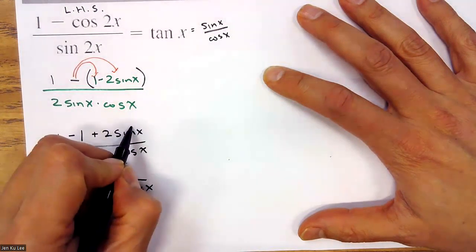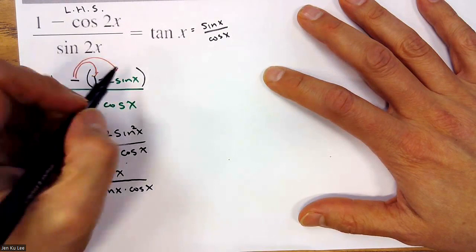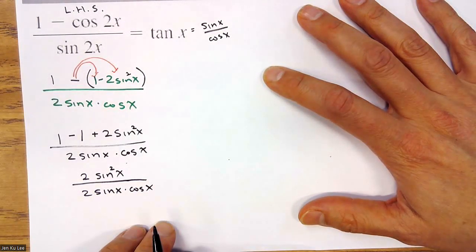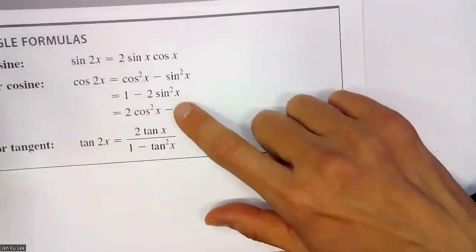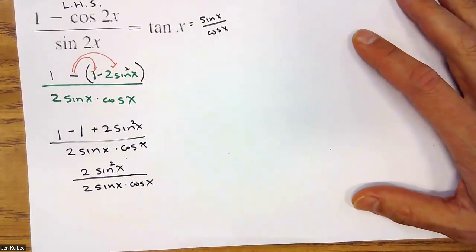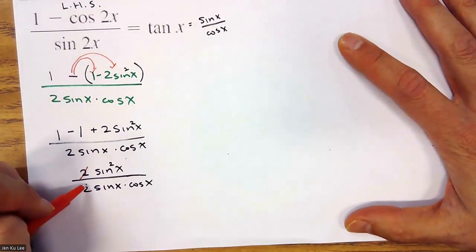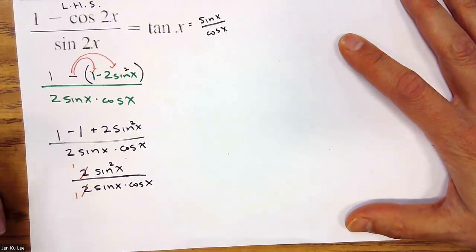Oh, yeah, I forgot the square here and here. Yeah, because it's 2 sine squared of x. Okay, that's what the formula tells me, right? So that's that. And then I know that 2 divided by 2 is just 1 and 1.